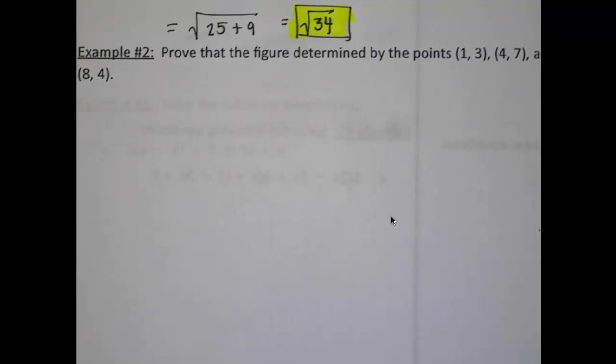Wait, so isosceles is all of them the same except one? Equilateral is all of them?